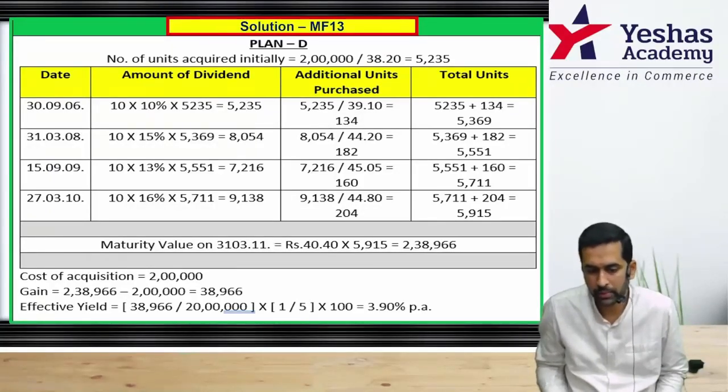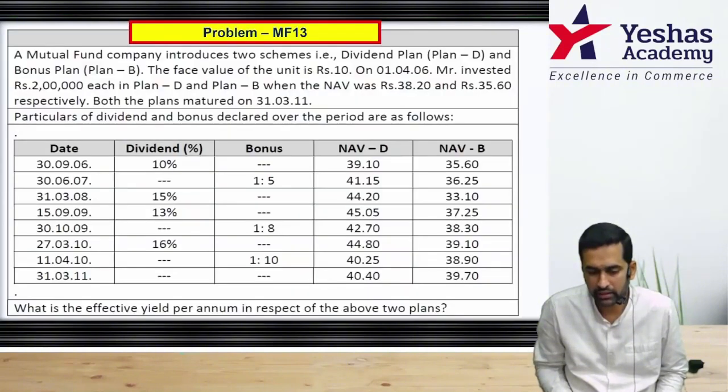Repeat once again, 9138. And now the last dividend is on 27th March 2010, 16% on 10 rupee on the units held, but that will be divided by 44.8.